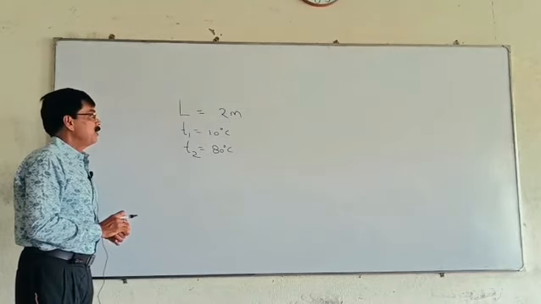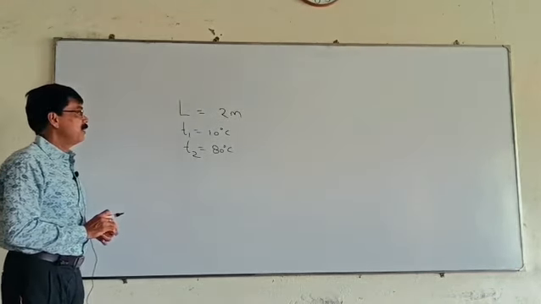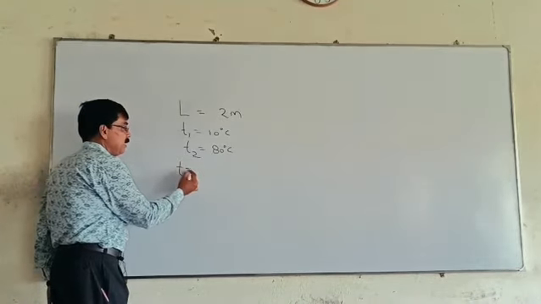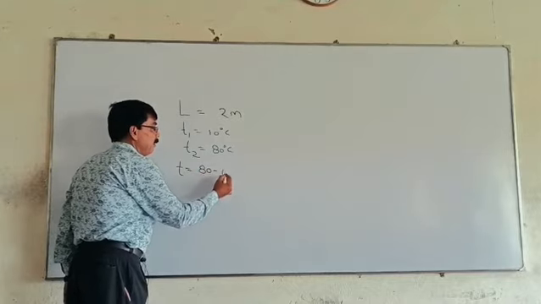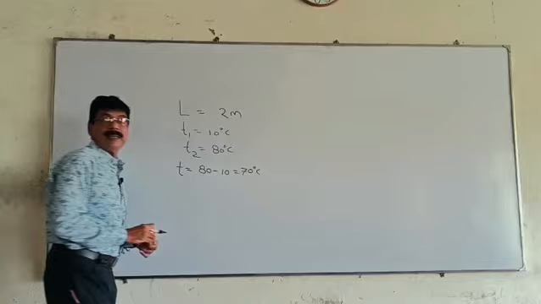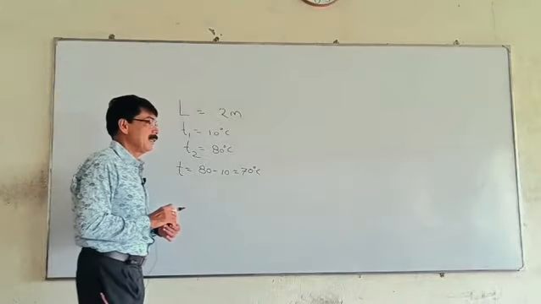So the rise in temperature, T, is the difference, 80 minus 10, that is 70 degrees centigrade.